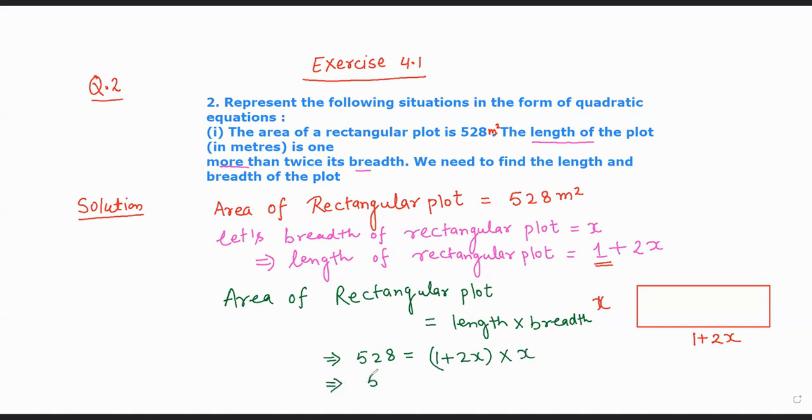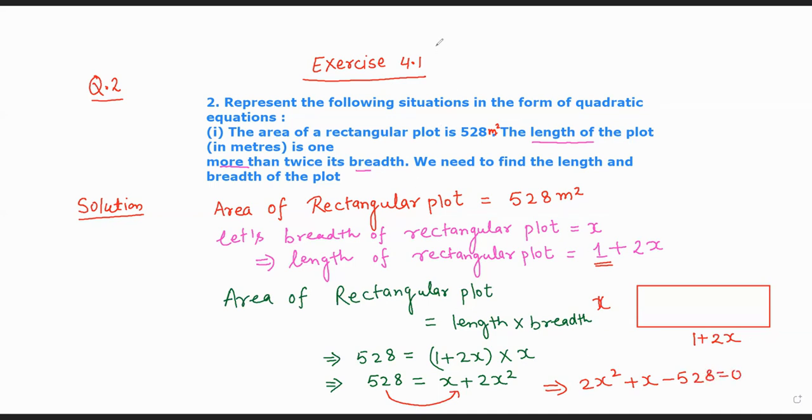Now if we simplify this, what will we get? We'll get x plus 2x square. Writing 2x square plus x, let's take this to the right hand side, so it will be minus 528 equal to 0.